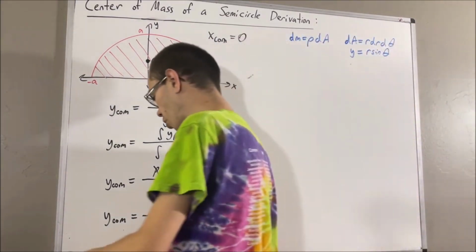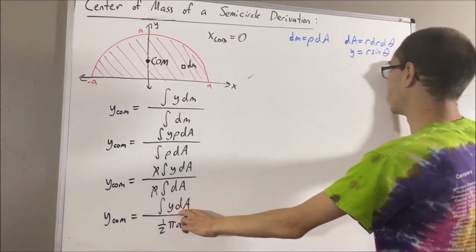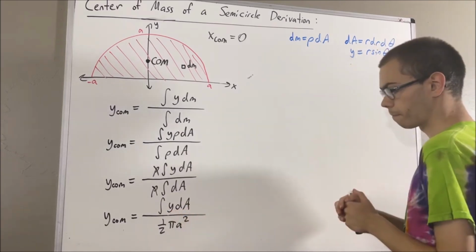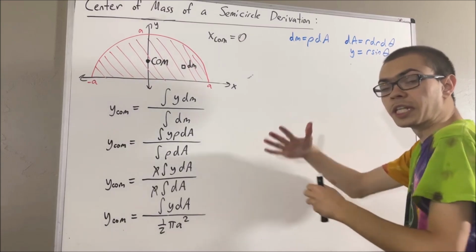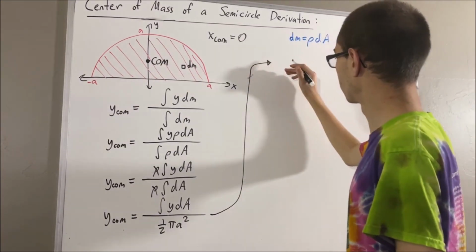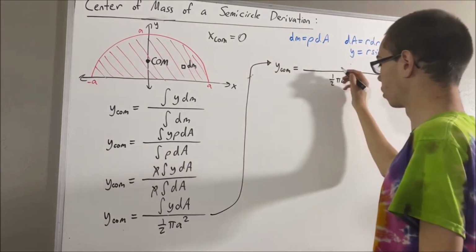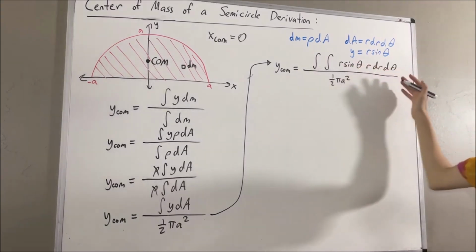So let's rewrite y as r sine theta and dA as r dr d theta. In doing so, we're going to be dealing with a double integral because we have two differentials. So this is what we get.